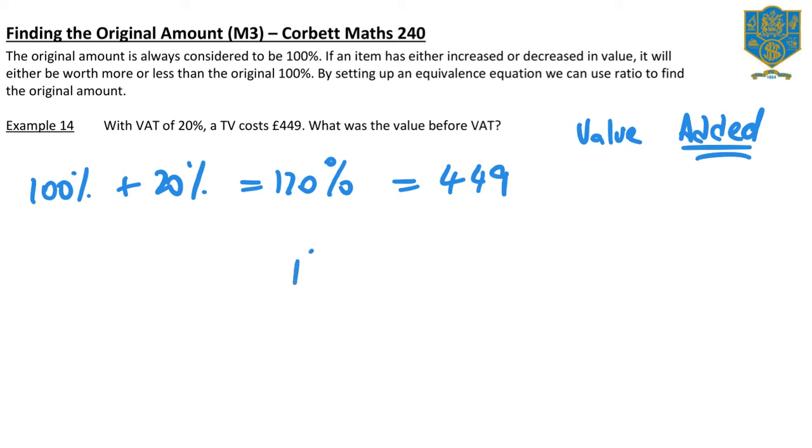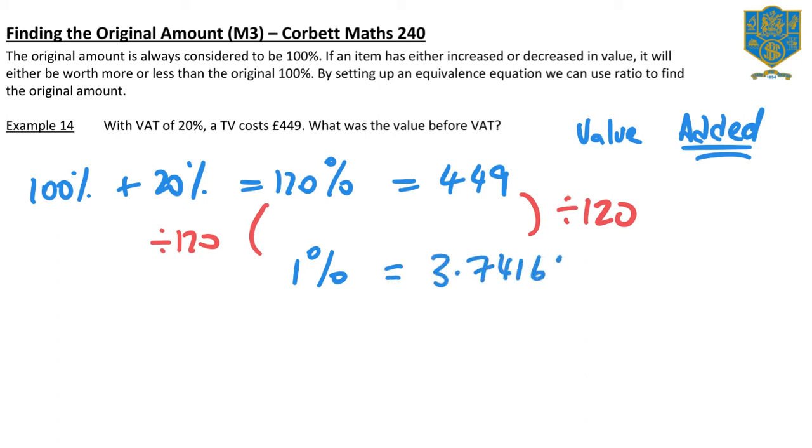We want to work out what 1% is, and to do that, to get from 120 to 1, we divide by 120. Do the same with 449. If we divide 449 by 120, we get 3.741667, and then multiply that by 100 to get up to 100%.